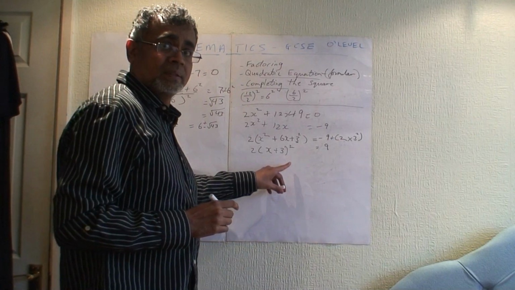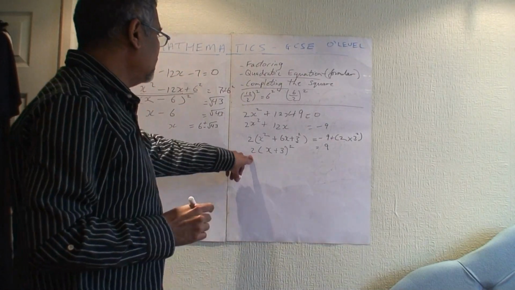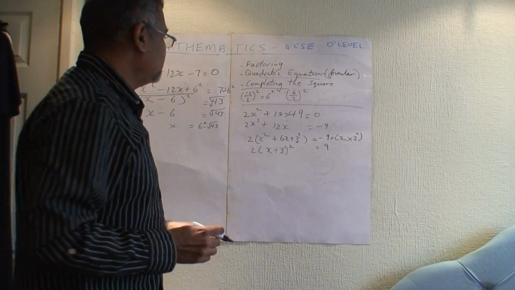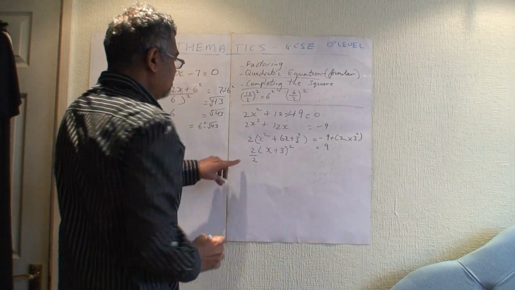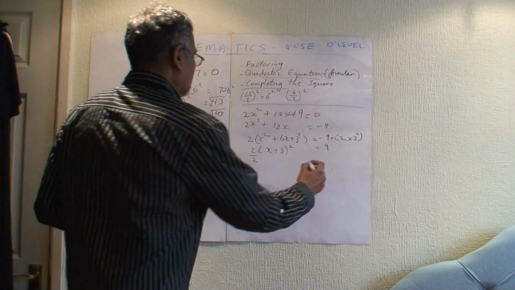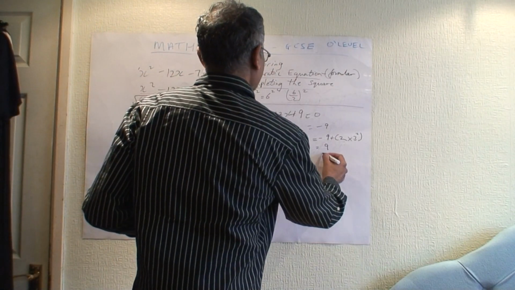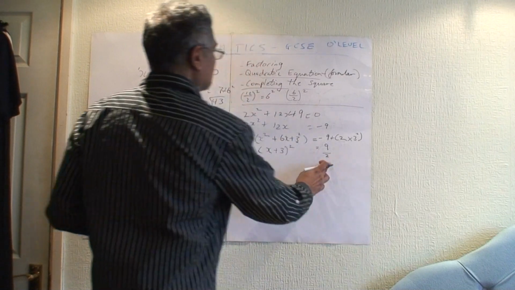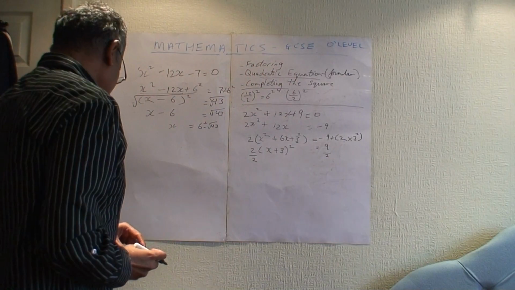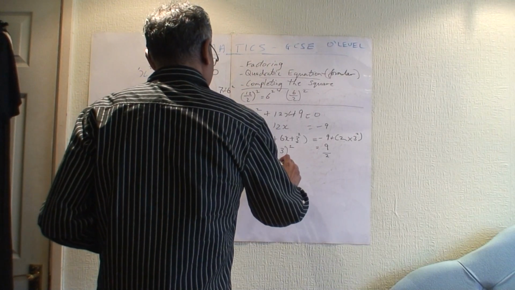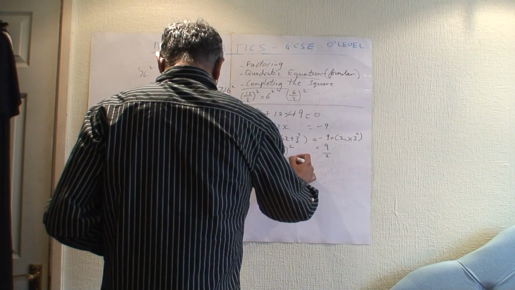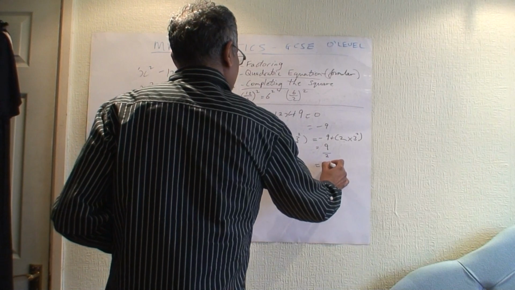Now we need to get rid of this 2. We need to divide by 2. If you divide it by 2 on this side, you're going to divide by 2 on that side. So this cancels, so we are left with x plus 3 squared is equal to 9 divided by 2.